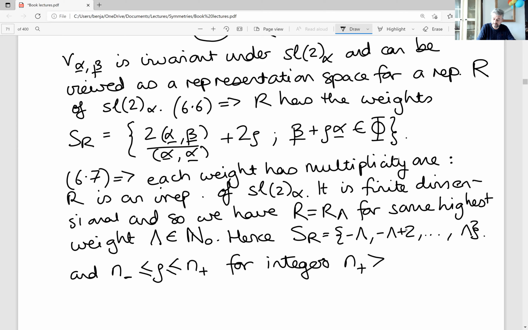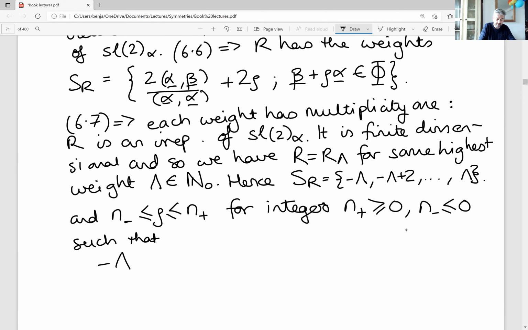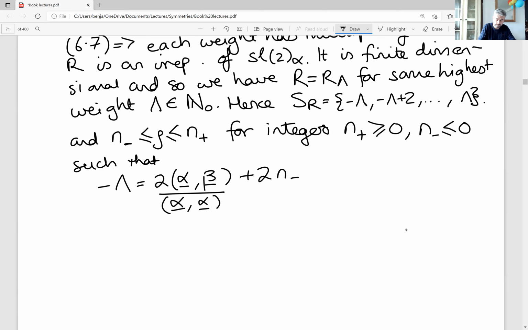So n plus is bigger than or equal to 0, and n minus is less than or equal to 0, such that minus lambda is when we've lowered n minus times with respect to alpha, and plus lambda is when we've raised with respect to alpha n plus times.